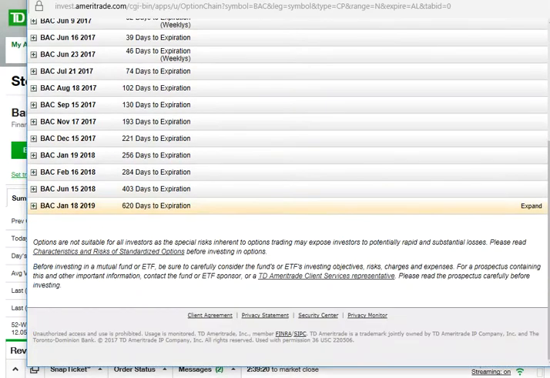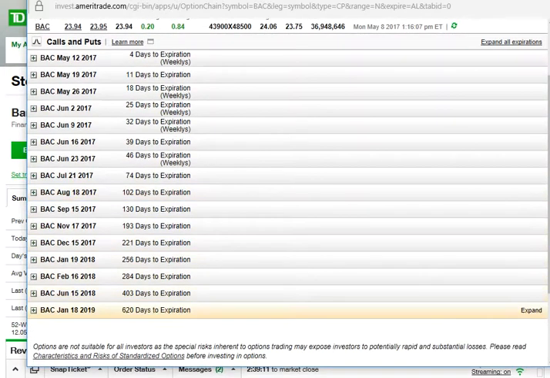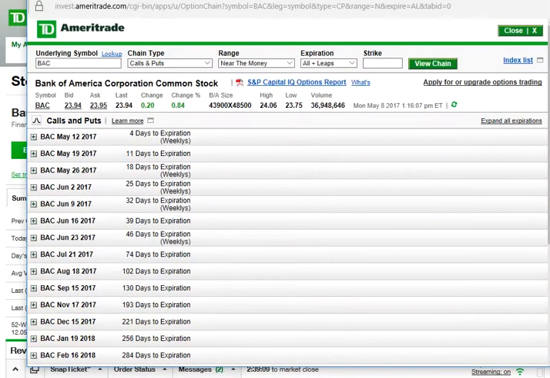So the rule of thumb is that the longer time is left on the option or on the contract, the more money it's going to cost to buy the contract. And the reason is the same reason why it's more expensive to buy life insurance that's good for 15 years versus life insurance that's only good for 10 years.